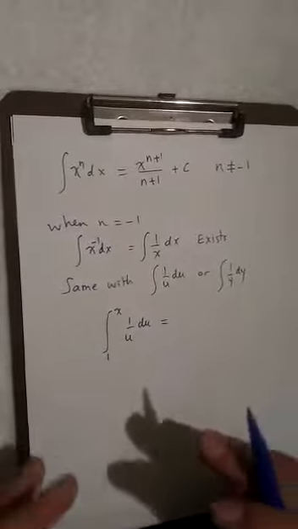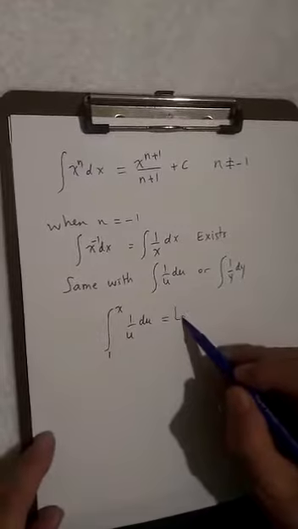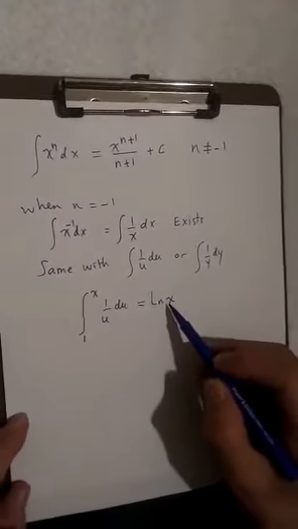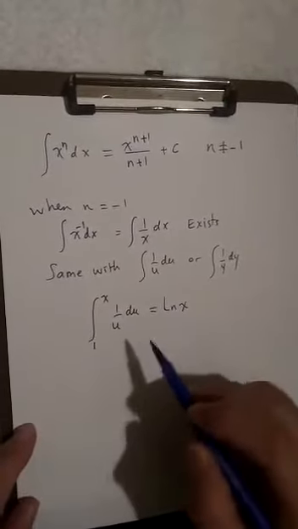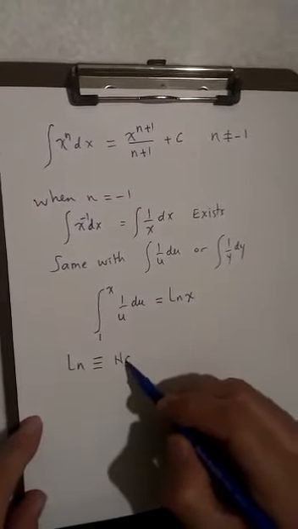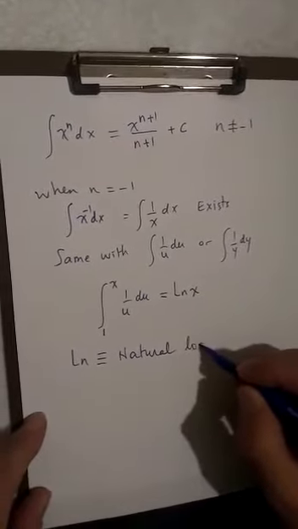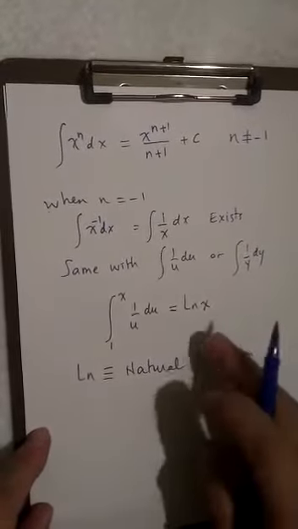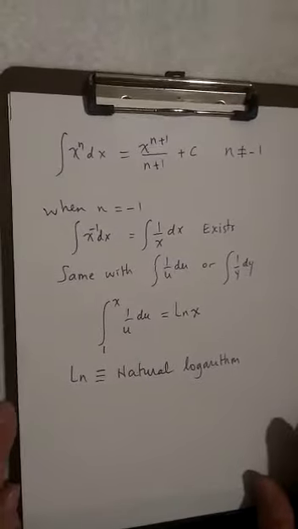Since it exists, they had to invent a new function to represent it. And that function is ln of x. ln is the logarithm. So the logarithm is just a definite integral. ln is called the natural logarithm, and the function corresponding to it is called the natural logarithm function.